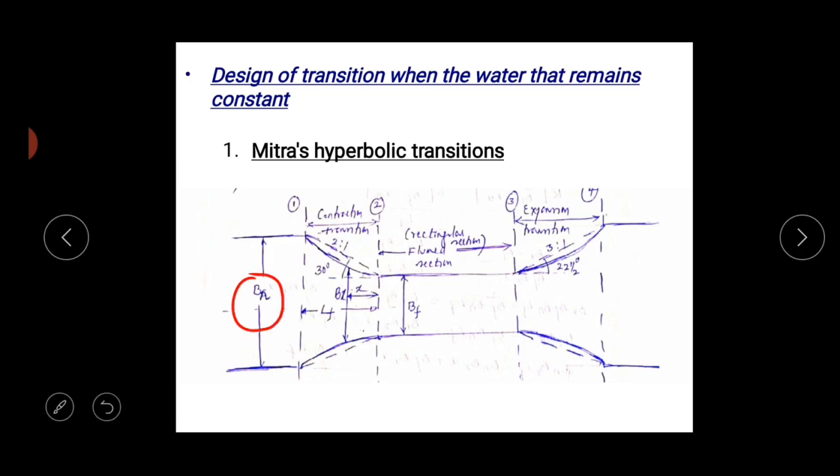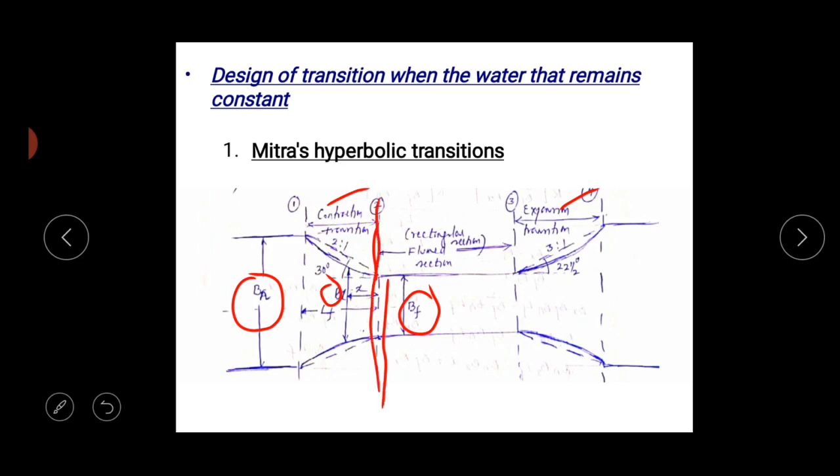Bn is nothing but the bed width of the normal section, and Bf is the bed width of the flumed section. Another one is the transitions. In this one we are going to consider Bx, that is the bed width of the transition from the flumed section.